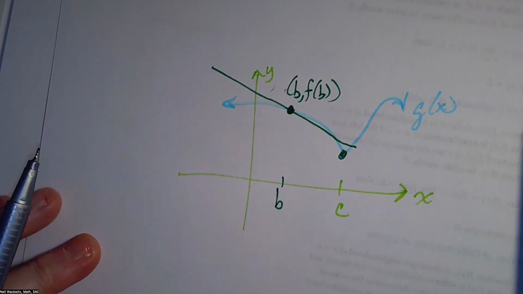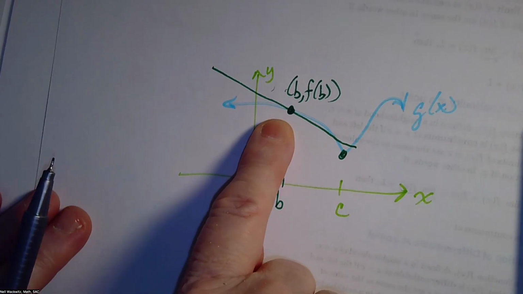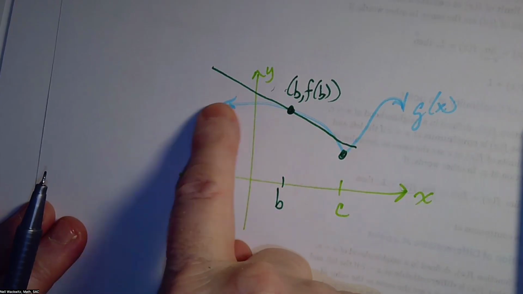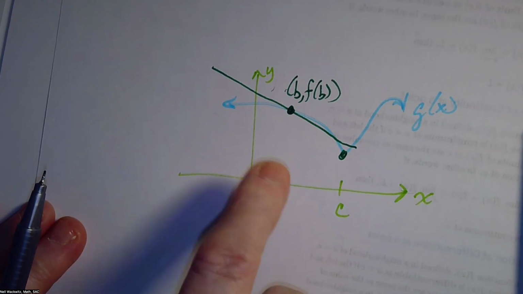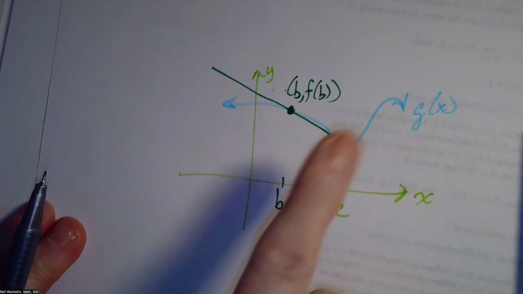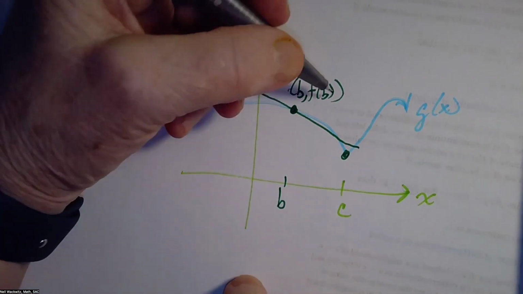Exactly right. There's only one possible line that is tangent to the function g of x at b, g of b.